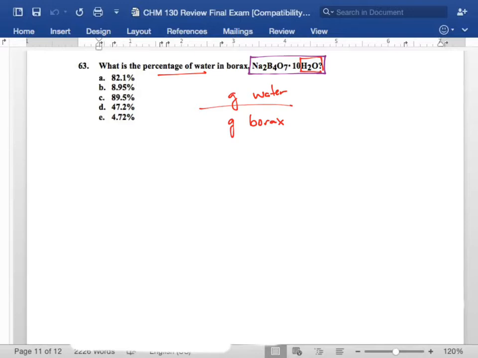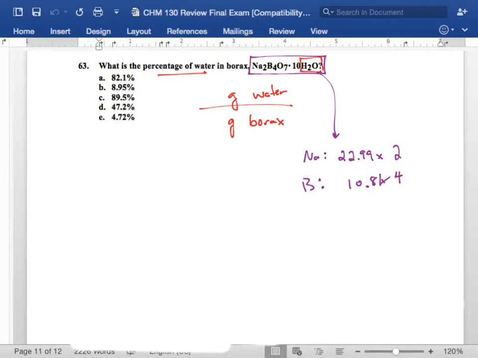Well, first off, what is the mass of borax? Yeah, more mass. Sodium, I know, has a mass of 20.9. There's 2 of them. Boron has a mass of 10.81. Was there only one?